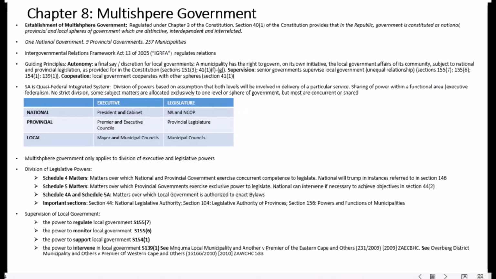And then you can also have a look at this case law, which is in respect of the intervening supervision power that is related to local government.